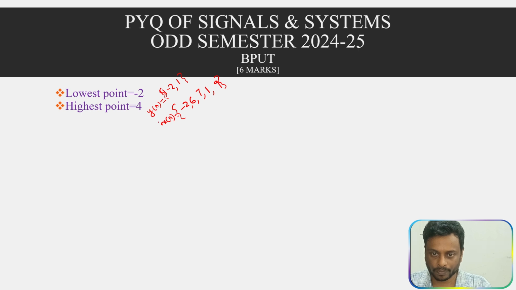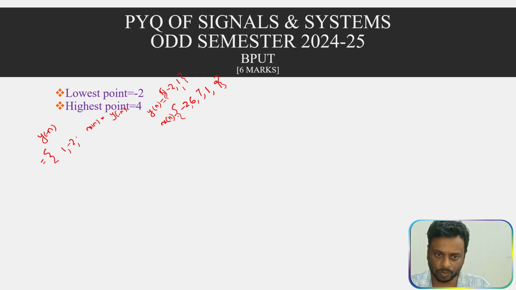Because the cross correlation uses x of n with y of minus n, you need to find out what y of minus n is. It is the time fold operation.